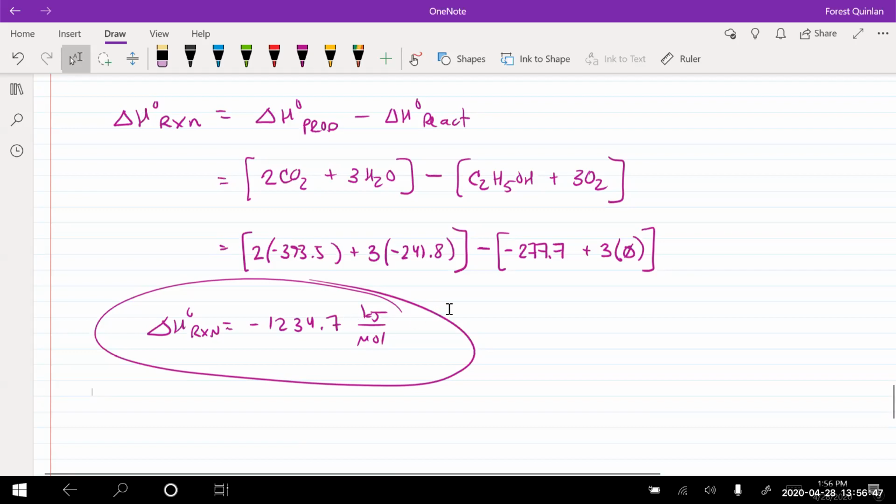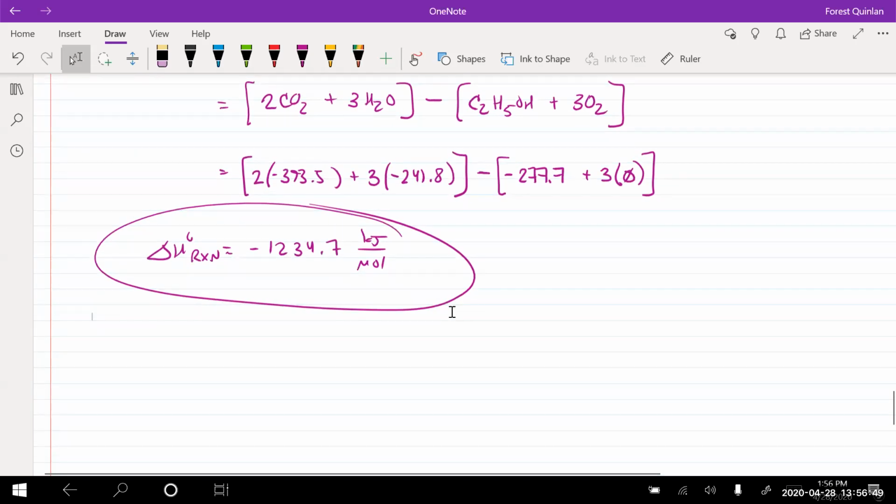And really, this is going all the way back to proving that thing we did before. Remember this, where we said, hey, products and reactants, we have the activation energy, right? And we said there was an energy change here.